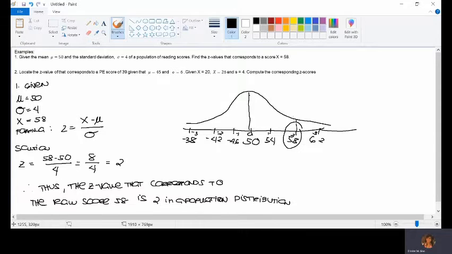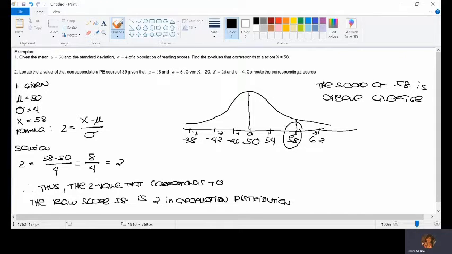Okay, so we can say that with respect to the mean, the score of 58 is above average.